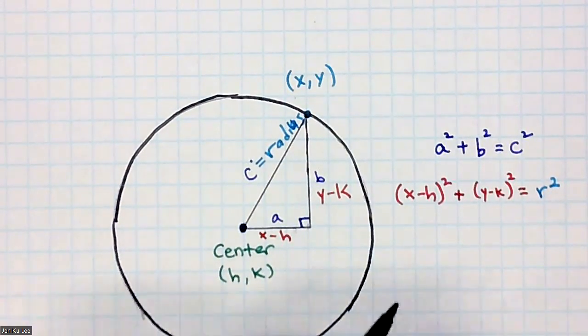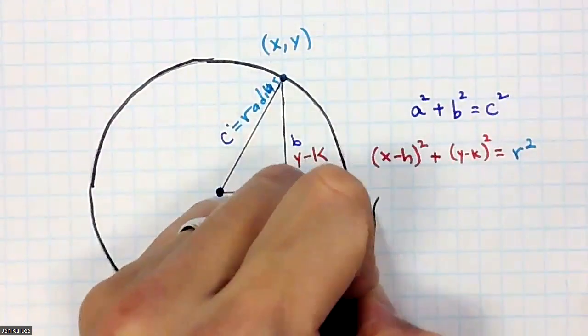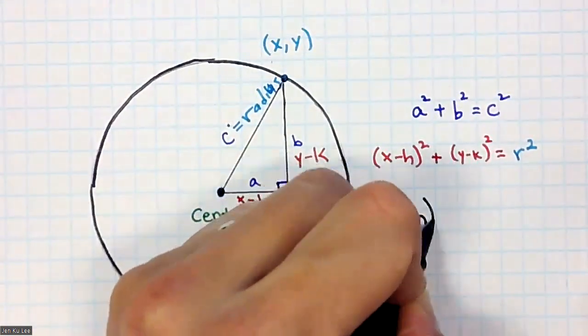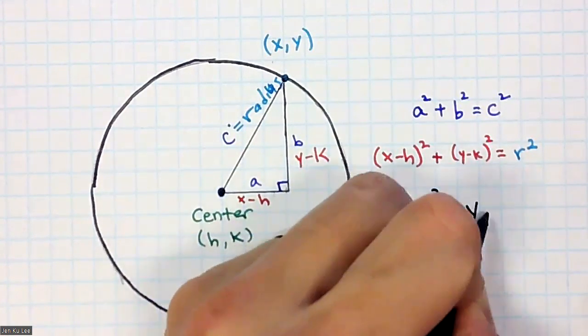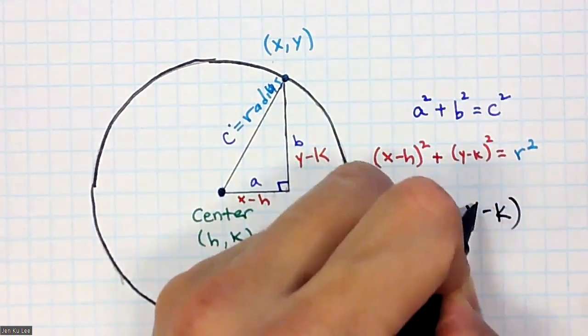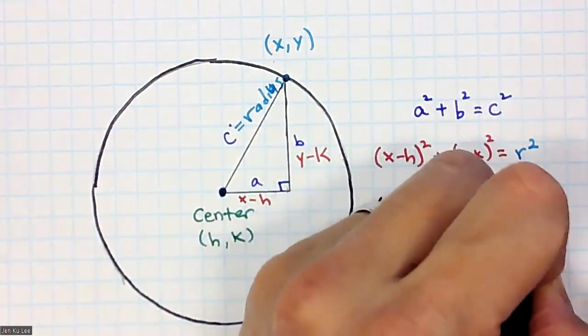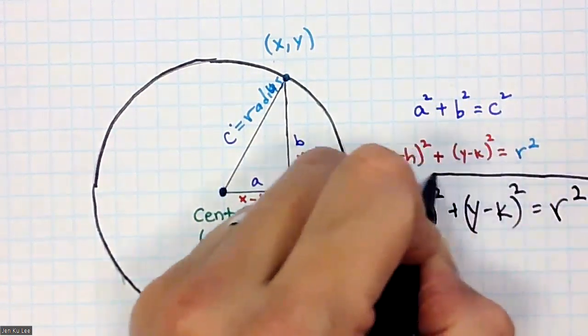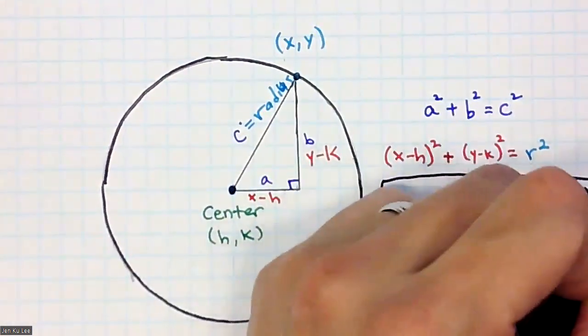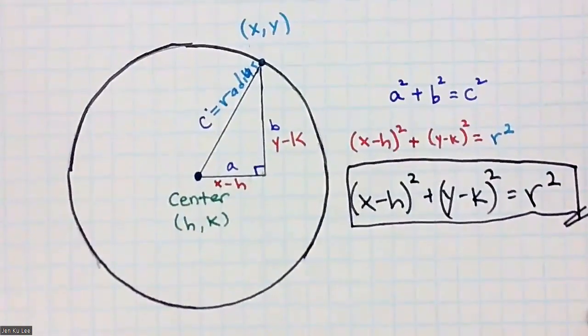Okay? So I'm going to put this a little bit bigger. X minus h quantity squared plus y minus k quantity squared equals r squared. That is the equation of a circle.